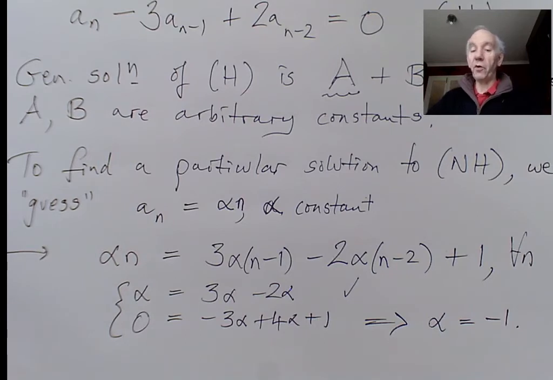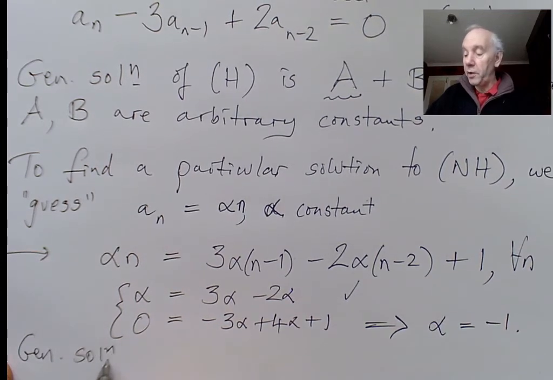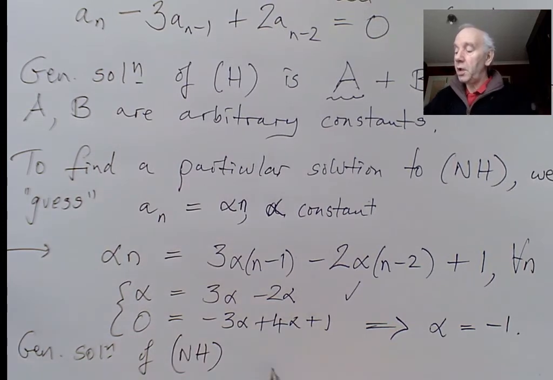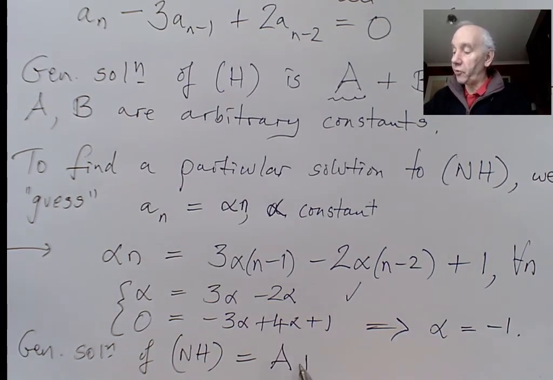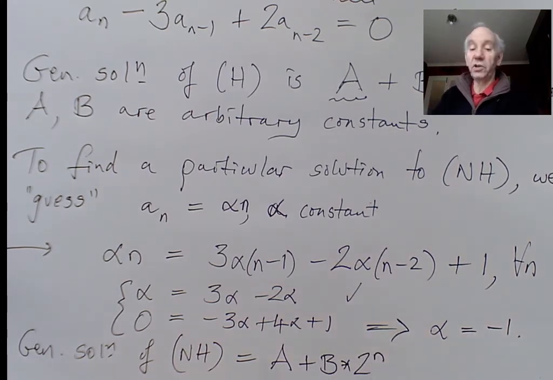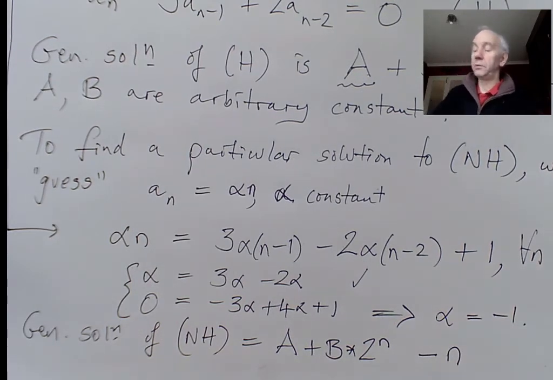Because we've got this particular solution, we can say that the general solution of the non-homogeneous equation, NH, is equal to our general solution of the homogeneous equation, still involving two arbitrary constants, and then we add on our particular solution, which is minus n.